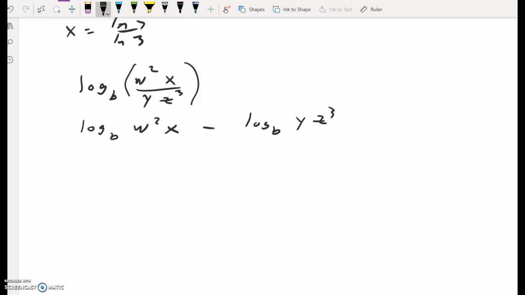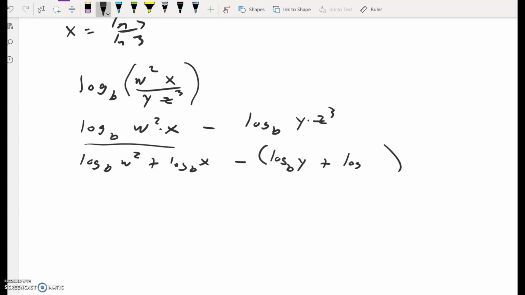And we know that with respect to this multiplication, we can break this apart into the logarithm base b of w squared plus the logarithm base b of x minus, and with respect to this multiplication, as long as we have the minus sign in front of the parentheses, we're okay. We could have the logarithm base b of y plus the logarithm base b of z cubed.